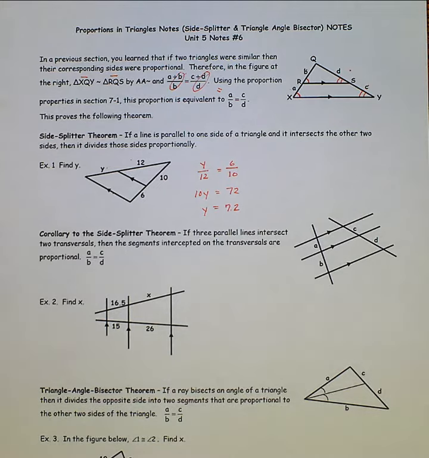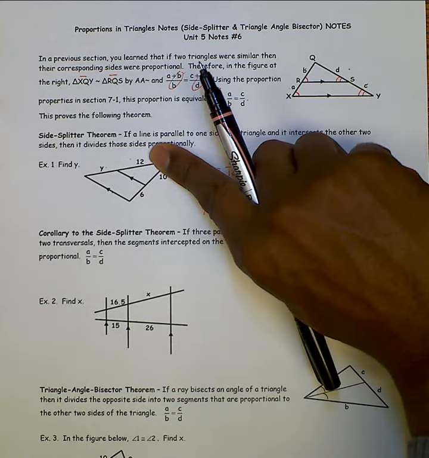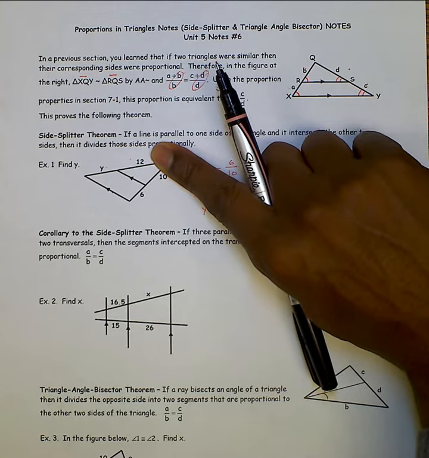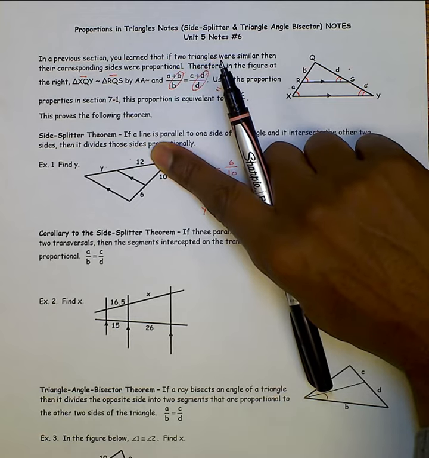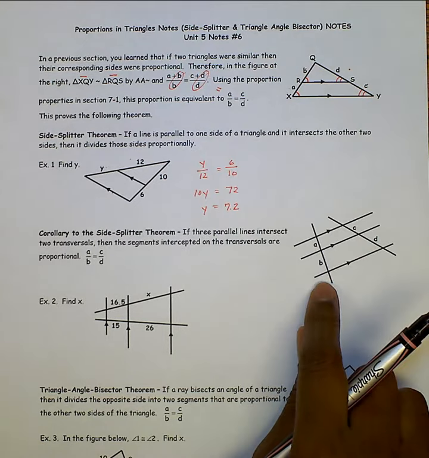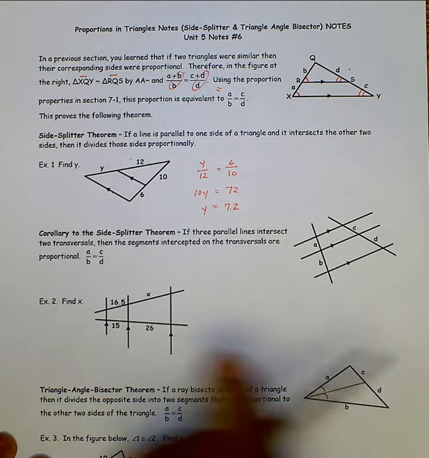So if we know that this works in triangles, would it work if I said up to here is 12 and up to here is 10? Yeah, we'll still be able to use the same proportions, even though it wouldn't be a triangle if we didn't have a closed figure. Here we're dealing with the same thing without a closed figure, and the same rules apply.